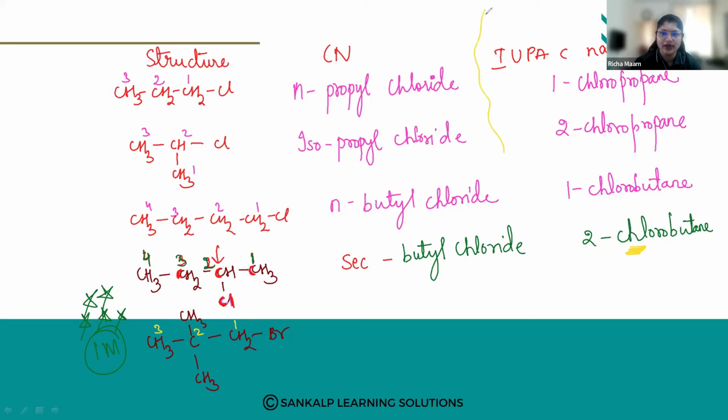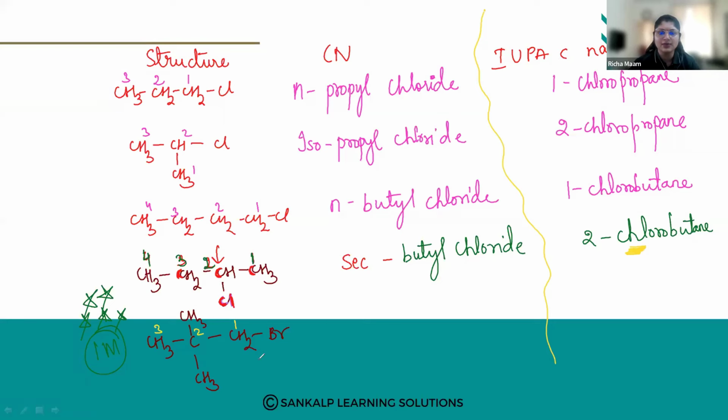The halo substituted should come first. So here, 1-chloro, 2,2-dimethyl propane. 1-chloro. Where is chloro here?